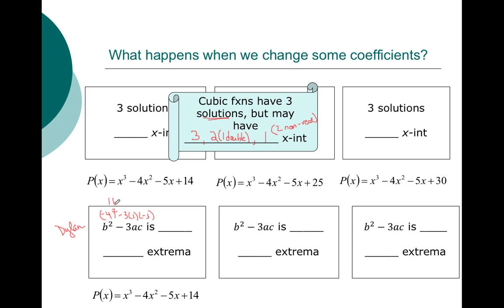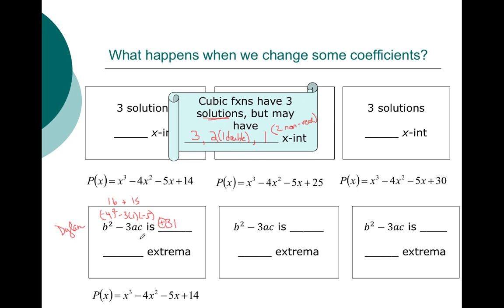That's 16 plus what? 3 times 1 times 5 is 15. And a negative times a positive times a negative is 15. I don't actually care the value of that. All I care is it's positive.